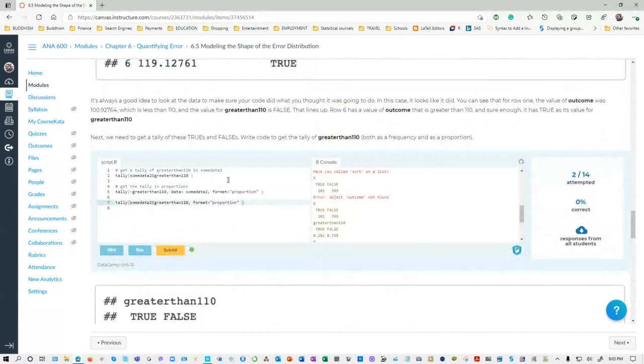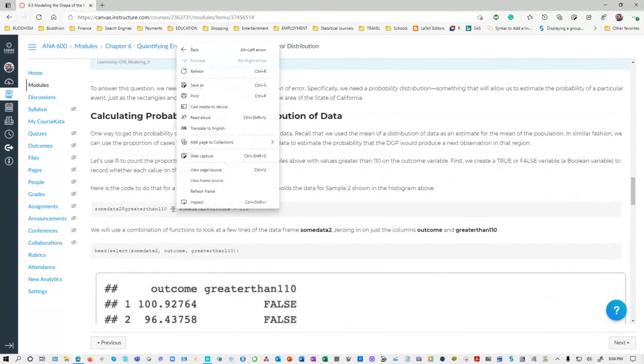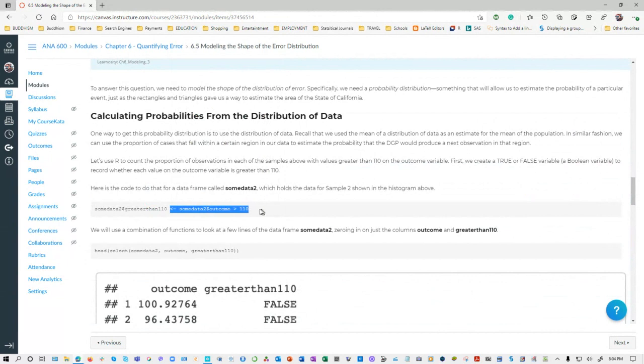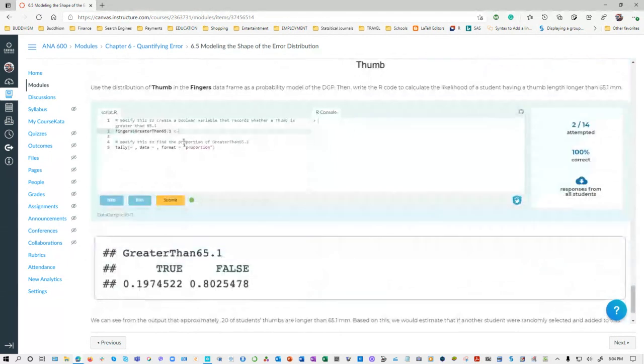We can use the same technique we used over here. Then I'm going to go ahead and give the name of the data frame, fingers.